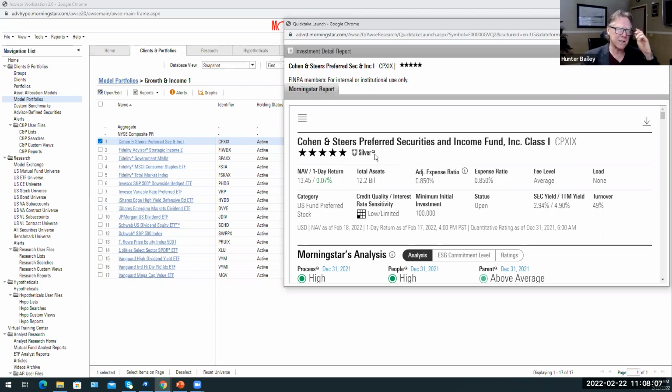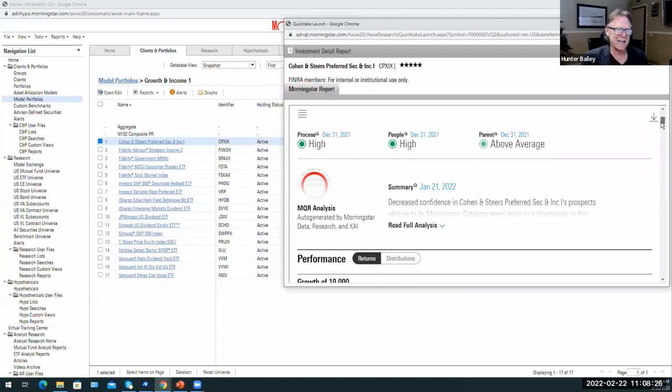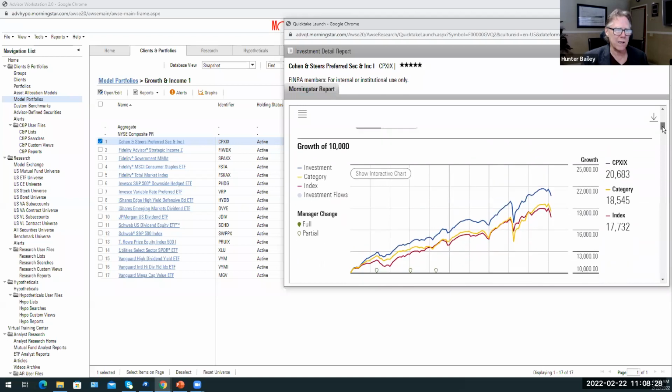But check this out. Expense ratio, 0.85. That's high. But what are we getting in return? Well, we're getting good analysis. The process is considered high, good. The people are considered good, and the parent company is above average. And so we're getting that in return. But here's what we're looking at.